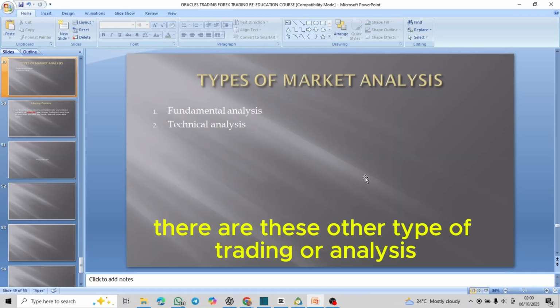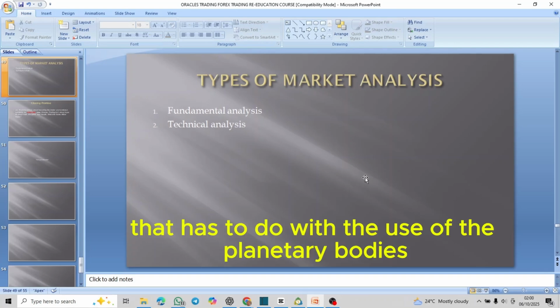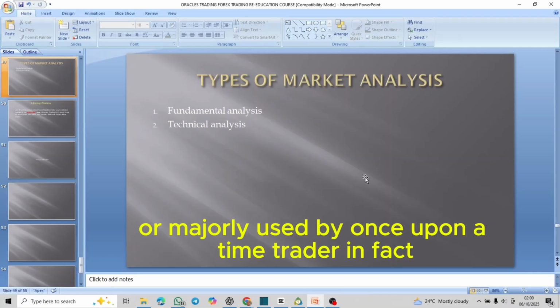There are these other types of trading or analysis that has to do with the use of the planetary bodies. That was popularized or majorly used by a trader once upon a time.